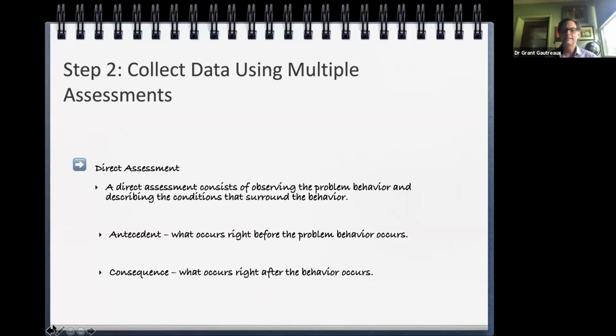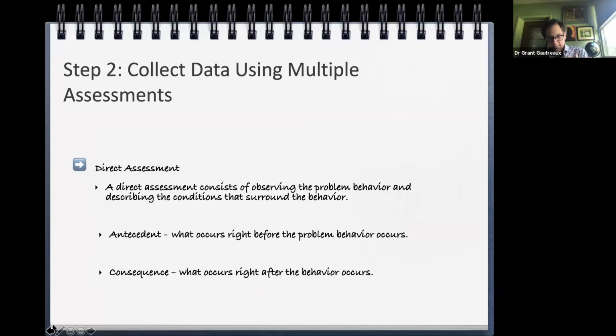Now we're going to look at direct assessments. And while an FA might be a type of direct assessment, again, we're not talking about that right now. We're talking about a general functional behavior assessment in the middle of the continuum. So all of the parts except manipulating the environment and environmental contingencies.